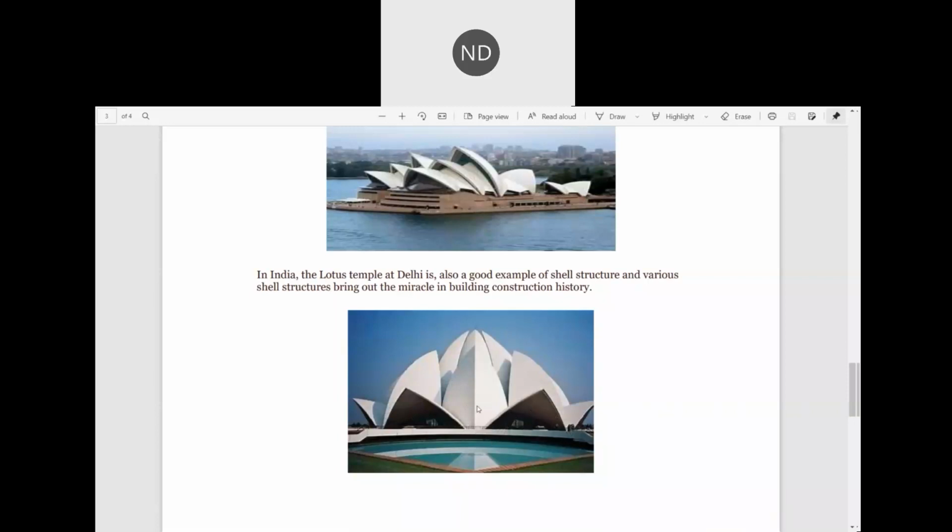It could have been circular, square, semi-square, or completely cylindrical. But here it is differently made, like a barrel vault, vertically placed here and horizontally placed here, forming a beautiful architecture. From the architectural point of view, it is a very good example of a shell structure.